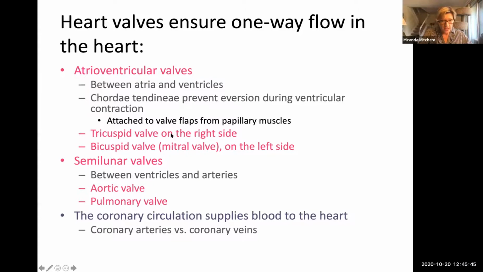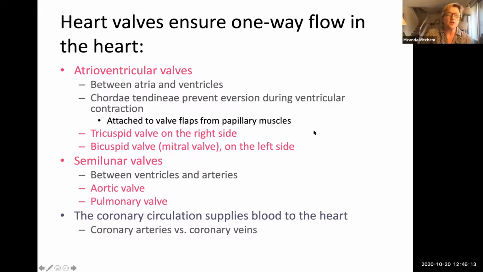The right AV valve is the tricuspid valve. The left AV valve is the bicuspid, which is also known as the mitral valve. So many names. Just wait till we get to immunology. The semilunar valves are between the ventricles and the arteries that they lead to. So we have the aortic semilunar valve and then the pulmonary semilunar valve.